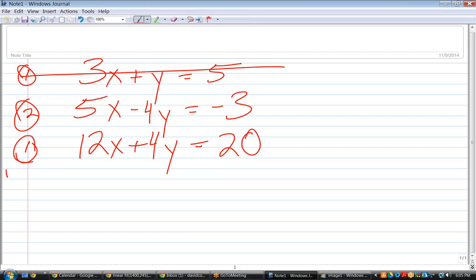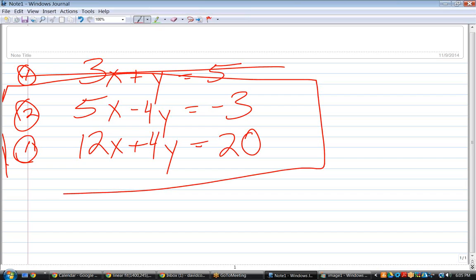Now I have two equations which, if I add together, the y variable will disappear. That's what I want, because then that'll be one equation with x only.